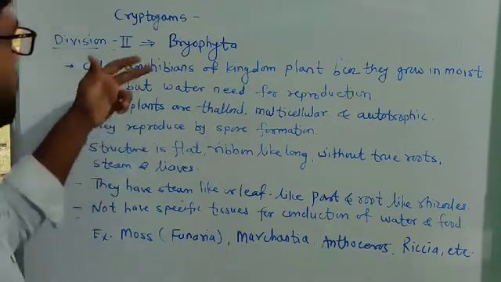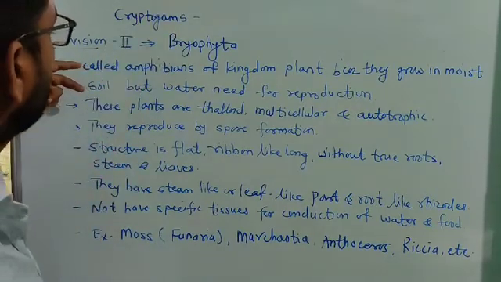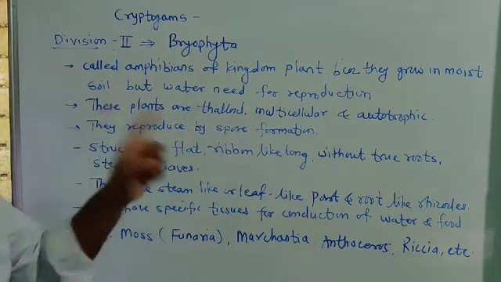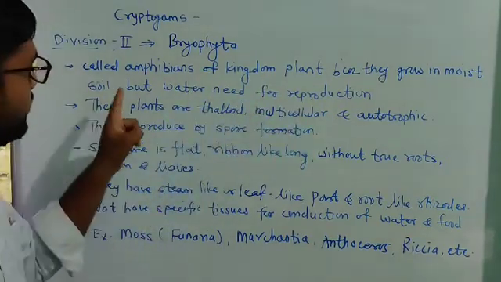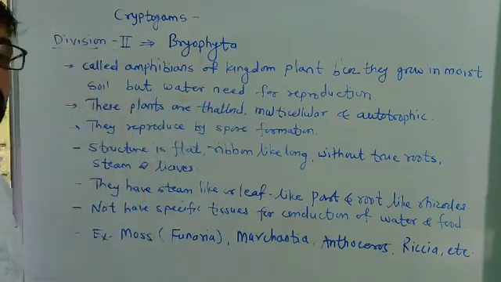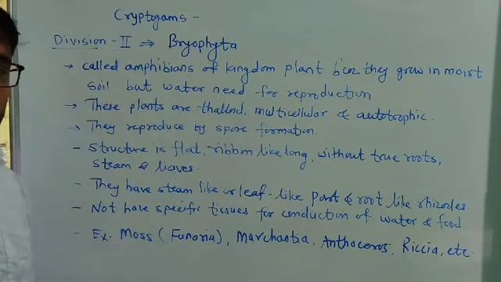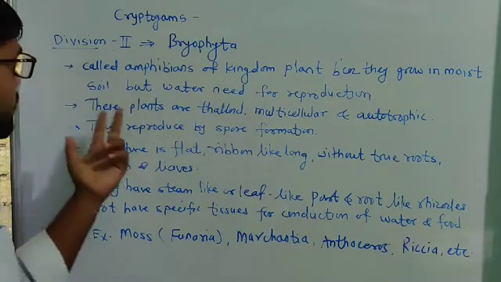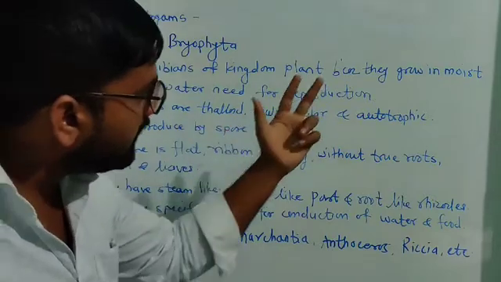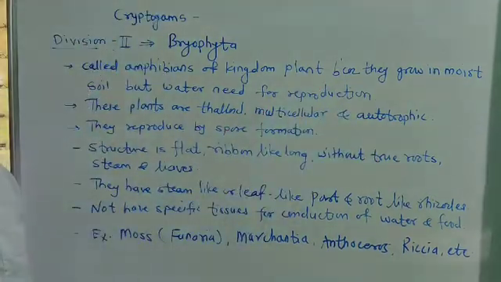So we have to remember that bryophyta are also called amphibians of the plant kingdom because they need moist soil for growth, but water for their reproduction. Then look, these plants are thalloid, multicellular and autotrophic.